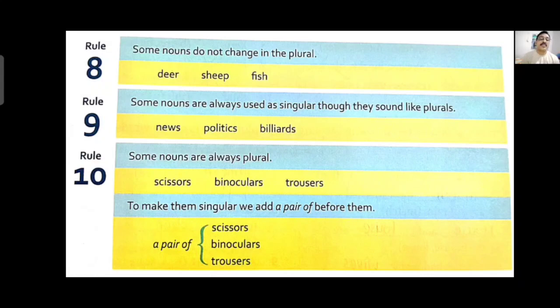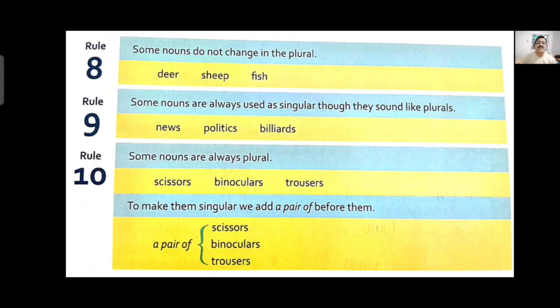Even though we treat them as one item, they are in plural form. To make them singular, we add a pair of before them, like a pair of scissors, a pair of binoculars, a pair of trousers. Here, without adding s or es to the spelling, we just add a pair of, because scissors looks like plural.